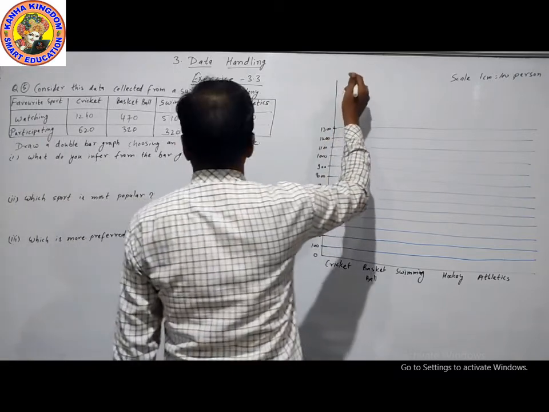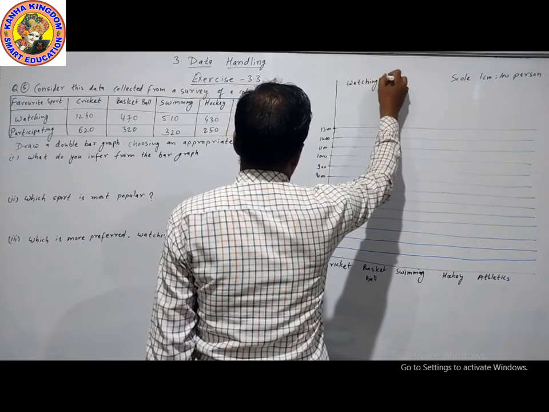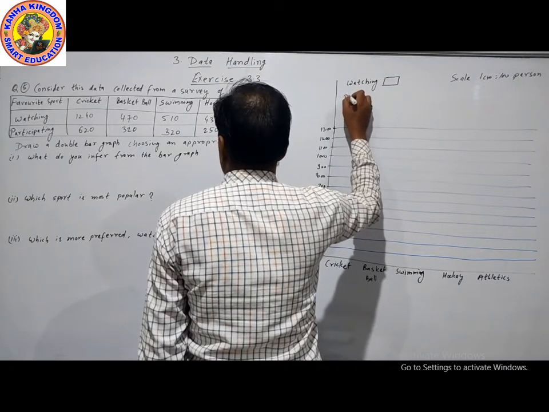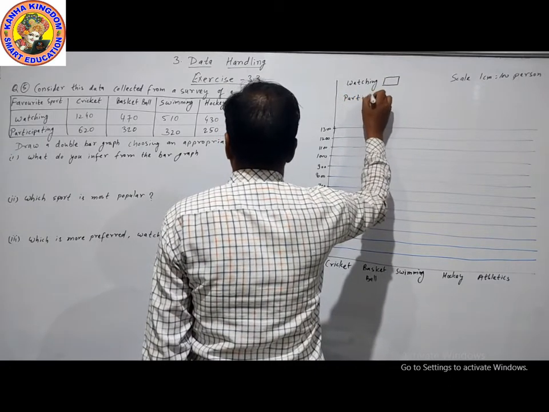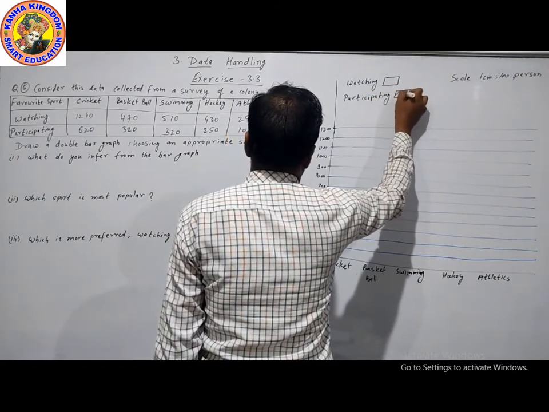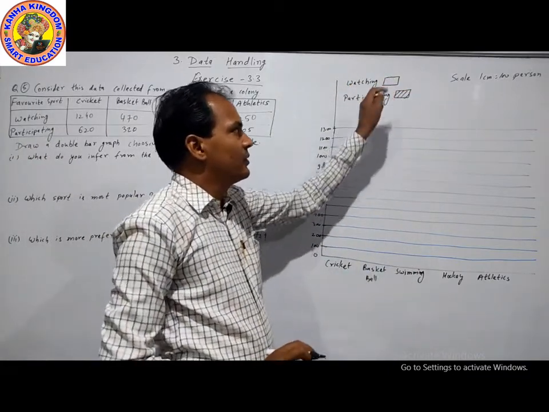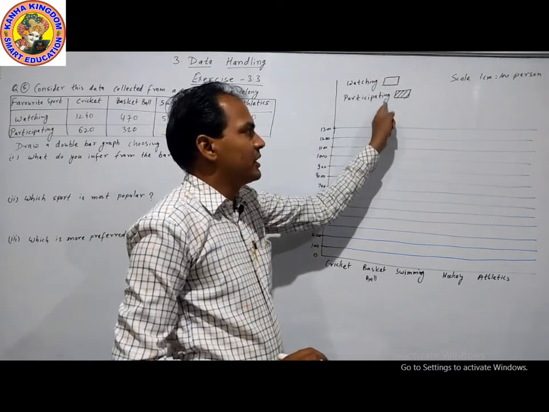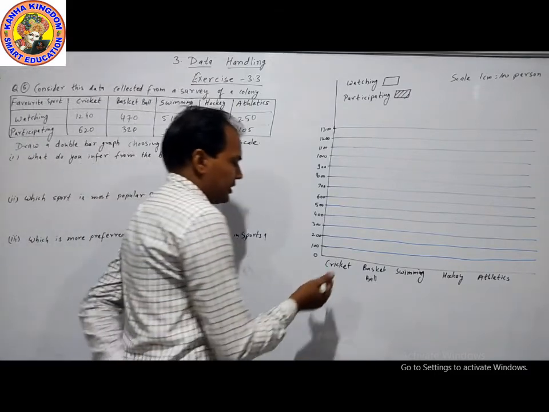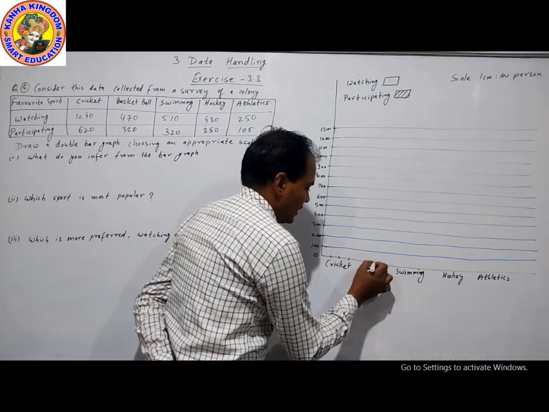For a double bar graph, watching is denoted by a blank bar and participating is denoted by a line bar. Now for denoting bars, we draw 3 lines equally distant from each other.